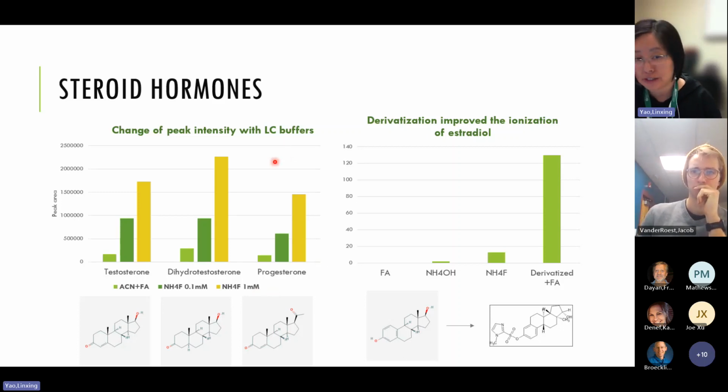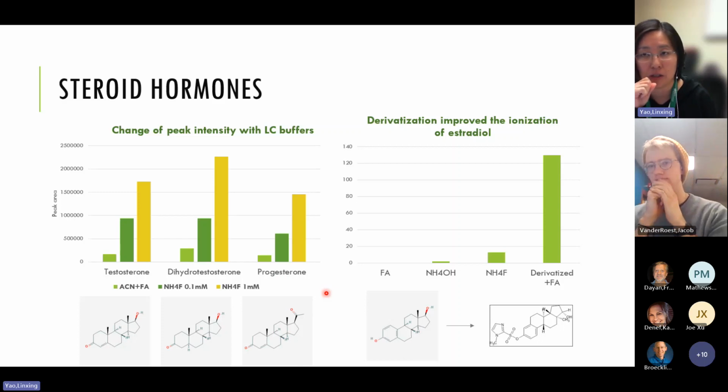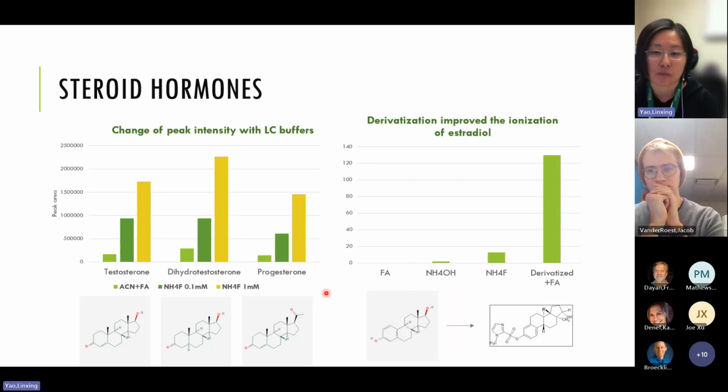You can see how the signal changes with the additives. The exception in this group, or the challenge in this panel of compounds, is estradiol, which is a female sex hormone, and its physiological level is extremely low in certain populations, such as in males, postmenopausal women, and children.